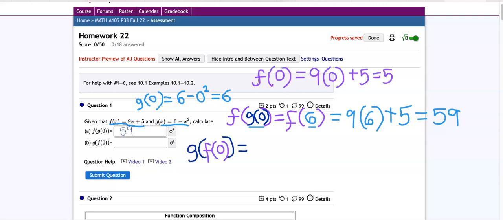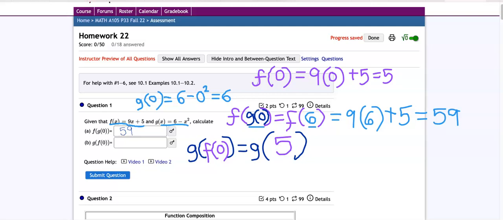Next, for part B, I am evaluating g of f of 0, so I've rewritten it right here. I'm just going to copy these g parts again, the g letter and the parentheses. And now I need to figure out what f of 0 is. So f of 0 is 9 times 0 plus 5, which is 5. So that means I am going to replace f of 0 with 5.